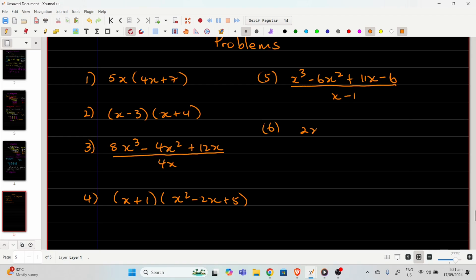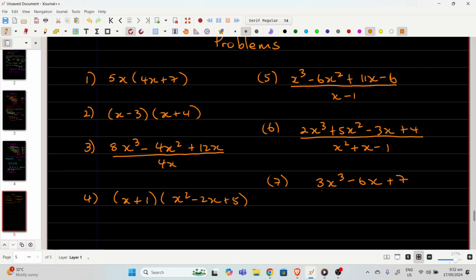Number 6: 2x cubed plus 5x squared minus 3x plus 4 divided by x squared plus x minus 1. And then, you know what, let me give you something easier: 3x cubed minus 6x plus 7 all over x plus 2.